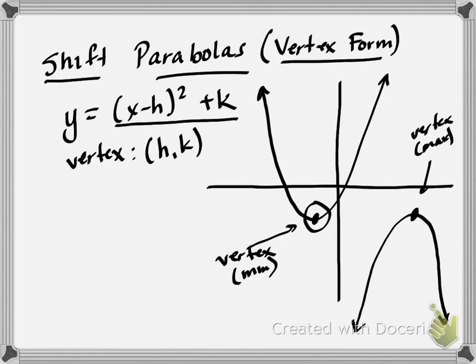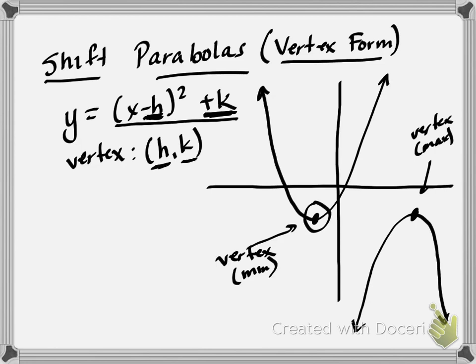Okay, now in vertex form it says x minus h and plus k. So h is negative here, and k is positive here. But when we go to find the vertex, notice that h is now positive and k is positive.